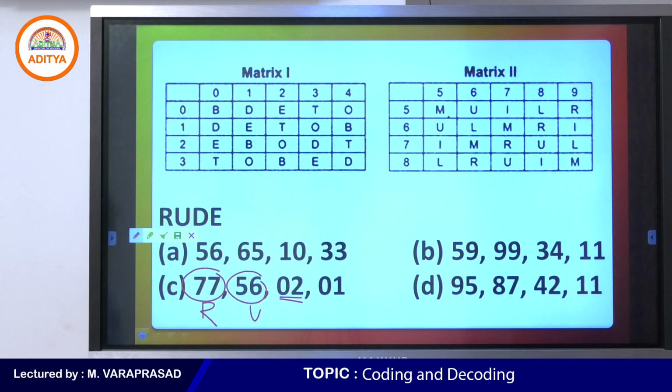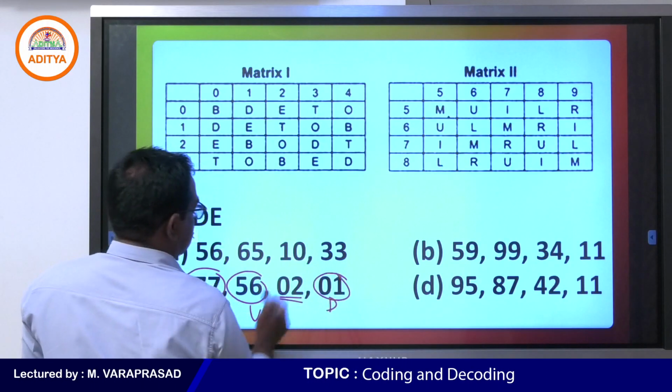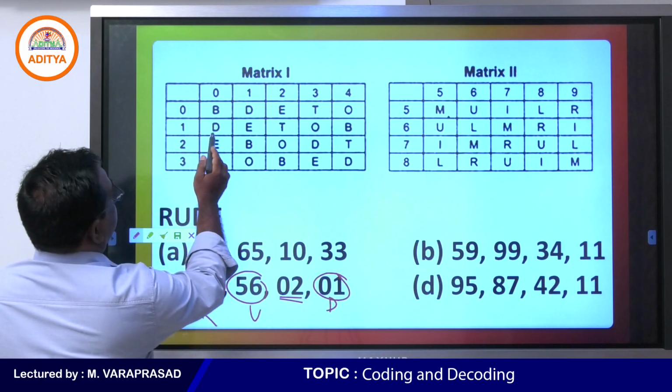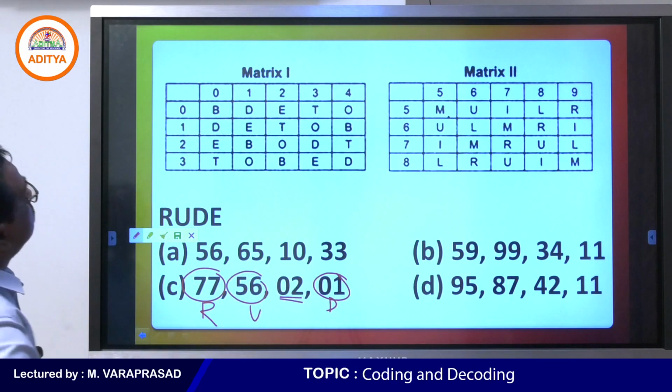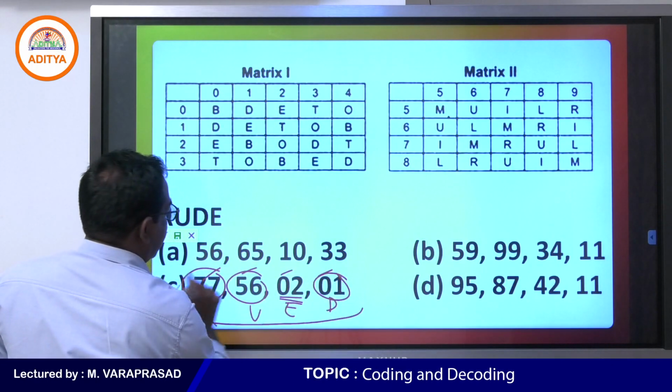Next, E means 01. Yes, D means 01. 02 means D, you are getting 02 D. 02 means you will get E, 02 E. Yes, but not in a proper manner, they are in a jumbling order.